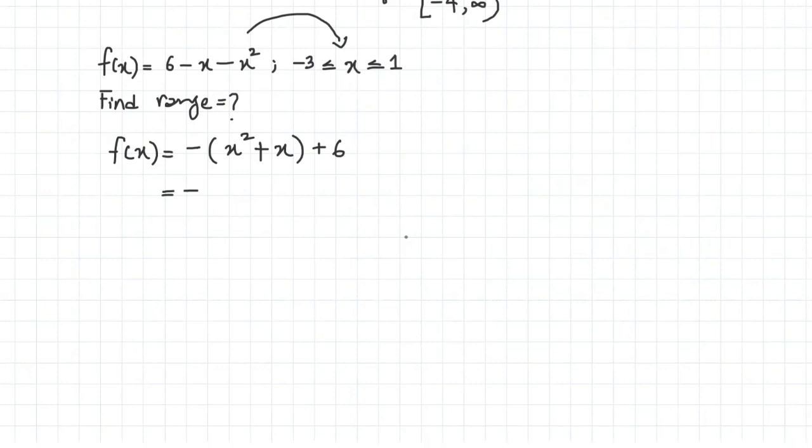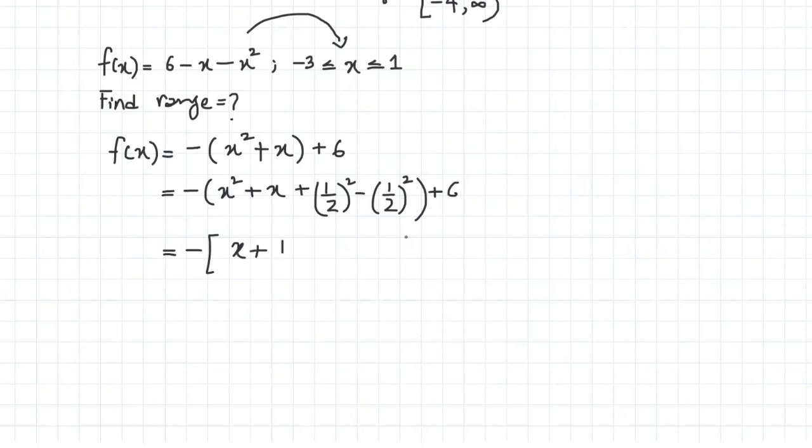That's the first step. Now the coefficient of x is 1. What's half of 1? That's a half. So add a half squared and subtract a half squared, and plus 6. Now these three values over here form a perfect square, which is (x plus 1/2) whole squared, and -1/4, which was the balancing factor, goes straight away like that.